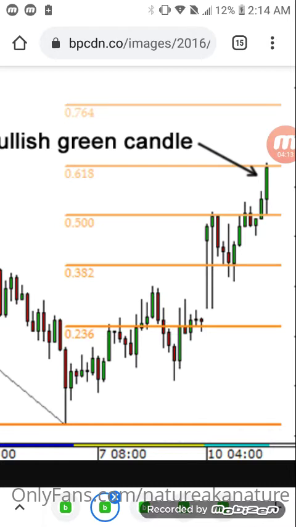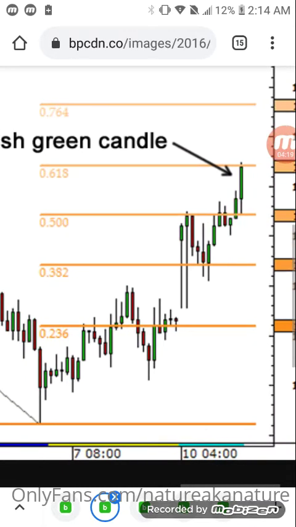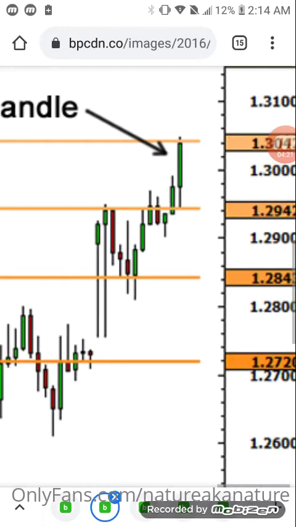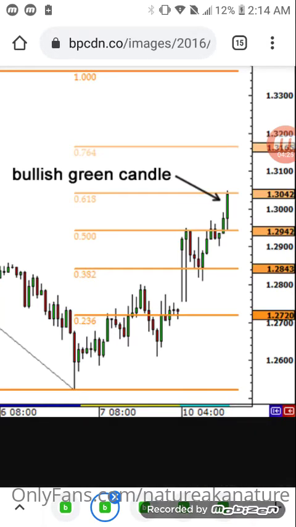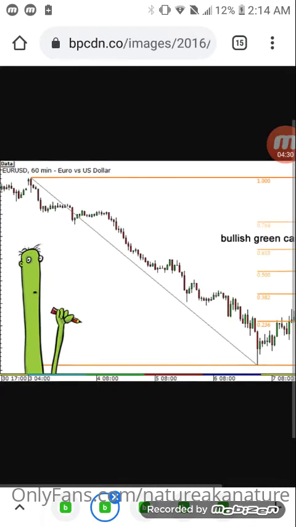the 0.618 level, and it's a very bullish candle, meaning that price could continue back up. A very bullish green candle on a 1 hour.